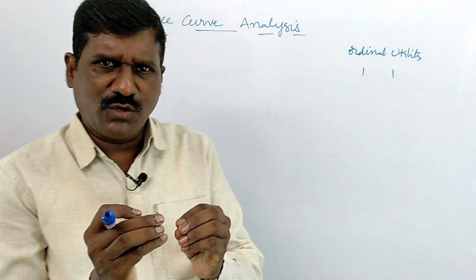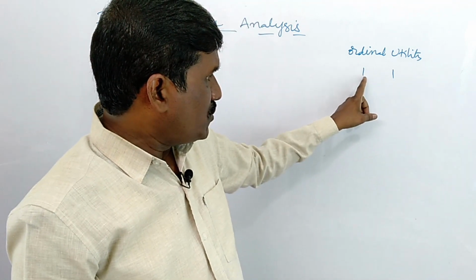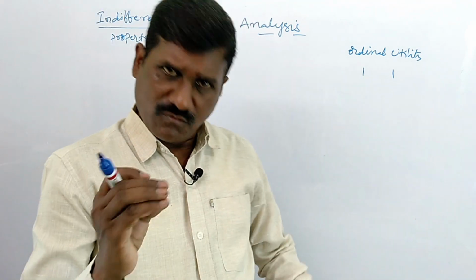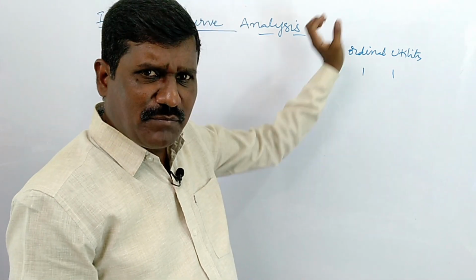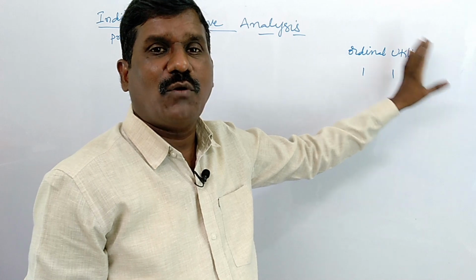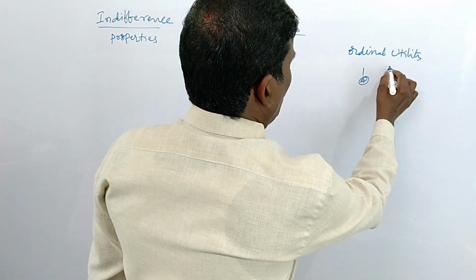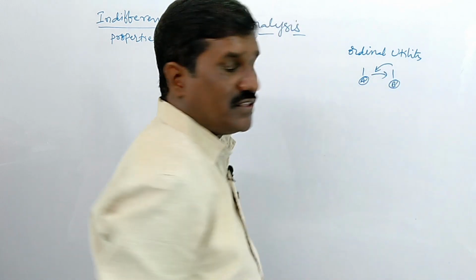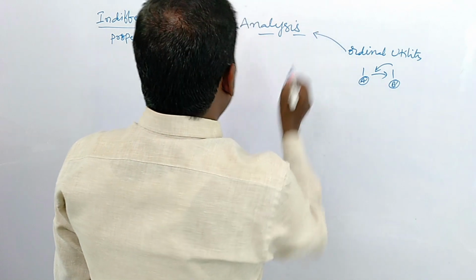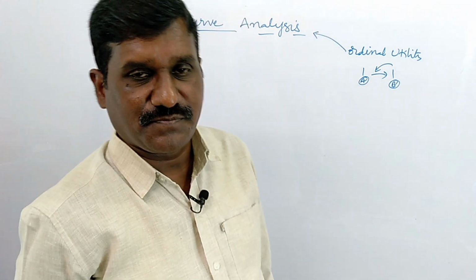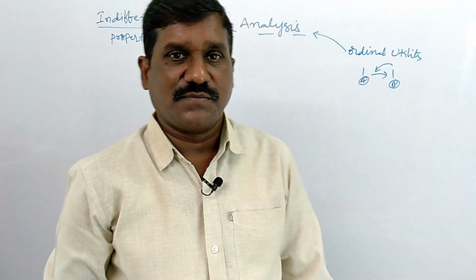The satisfaction derived from goods and services can be compared between one commodity, A, and another commodity, B. This is called ordinal utility. The ordinal utility is also known as indifference curve analysis.